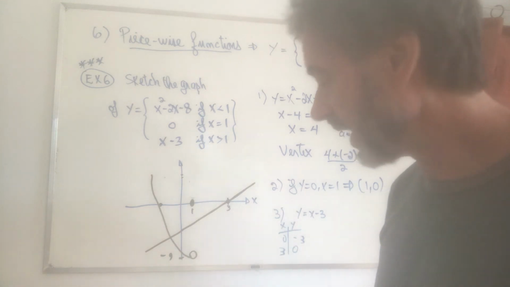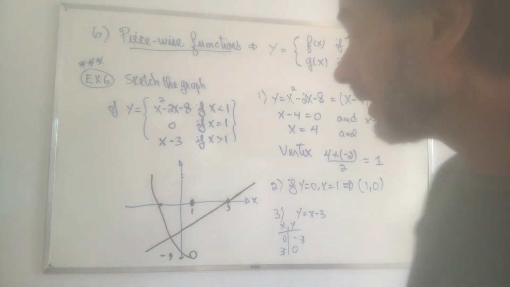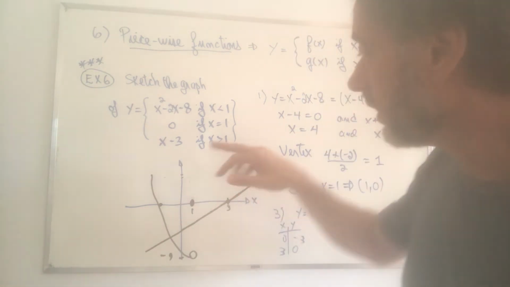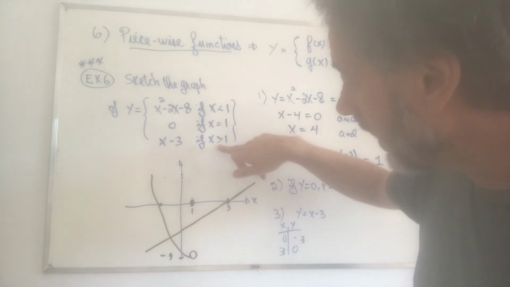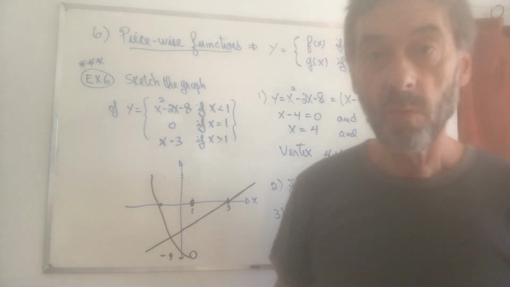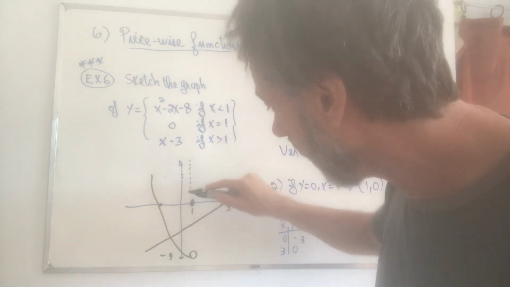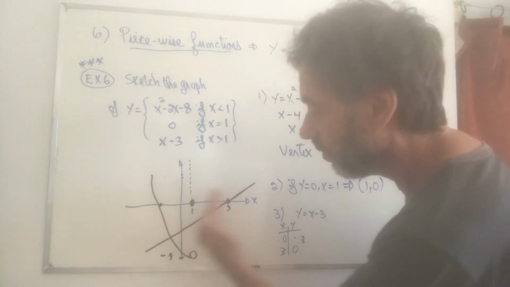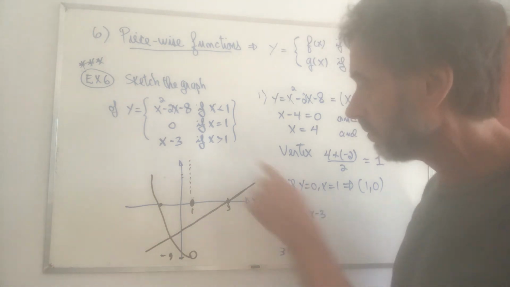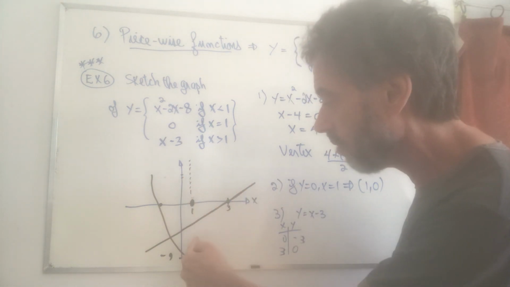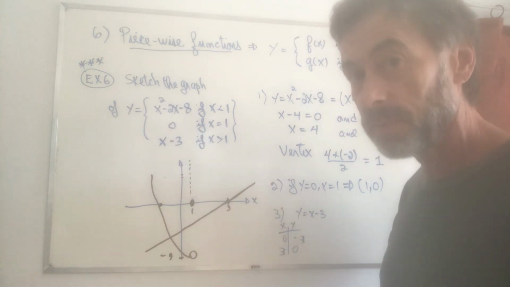Ballpark, not to scale. And then I have to apply the so-called restriction. This is good only when x is greater than 1. All right, so here's my 1 threshold value. You want to keep only what is to the right side, greater to the right side of 1. And that means you erase what's on the left.